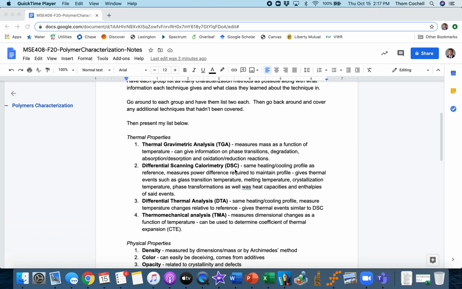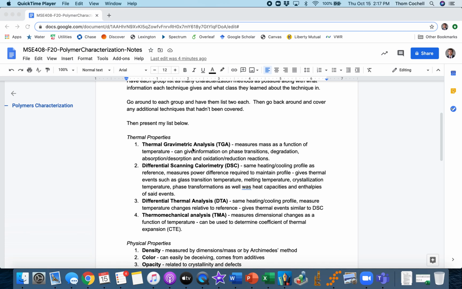It measures the power difference between our reference sample and our actual sample to give us information about thermal events, such as the glass transition temperature of a polymer, the melting temperature, crystallization, and any other phase transformations. It gives us those temperatures, but also the enthalpies of those events. So there's a lot of power and a lot of properties that come from this technique.